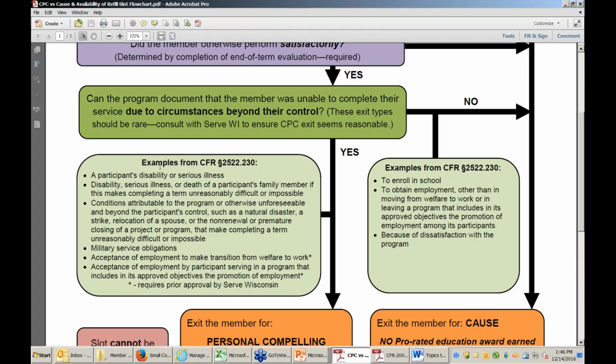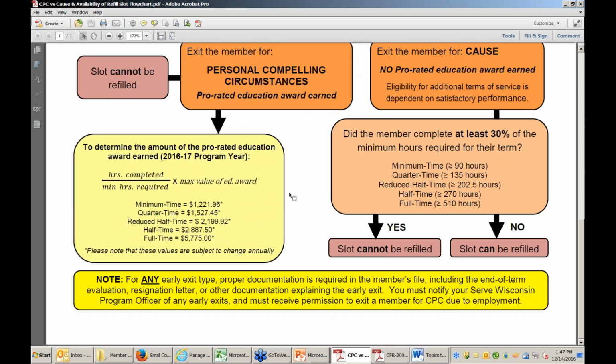In addition, on the right-hand side of this, it shows you why a member cannot be exited for compelling personal circumstance. So they cannot be exited for compelling personal circumstance to enroll in school. Employment is one of those ifs that Amy will go into a little bit more. So this is on there and also on Wikio.